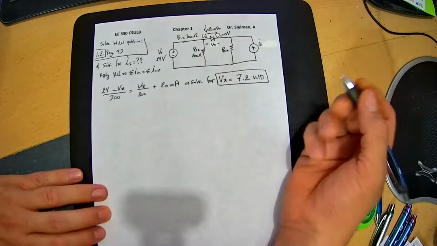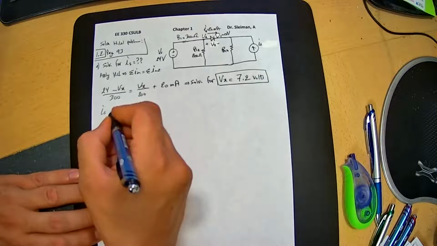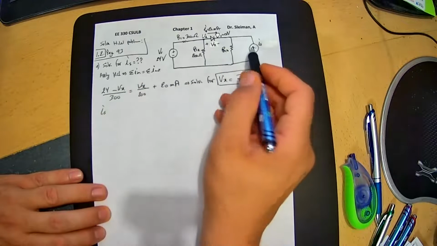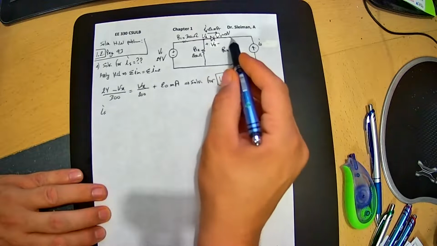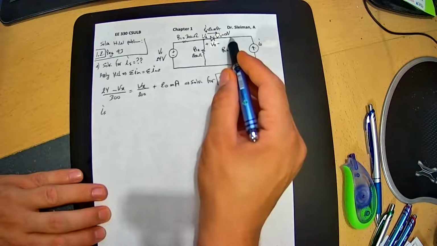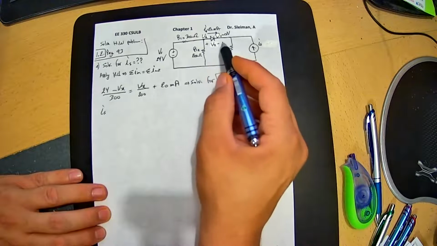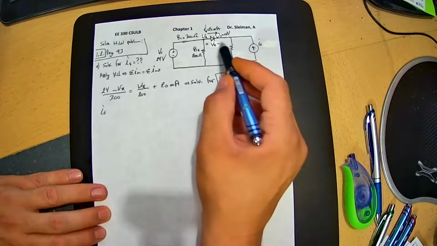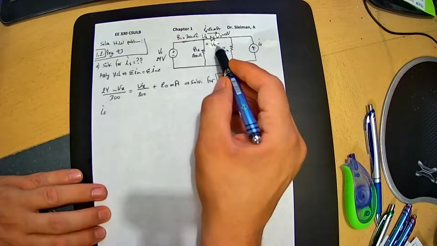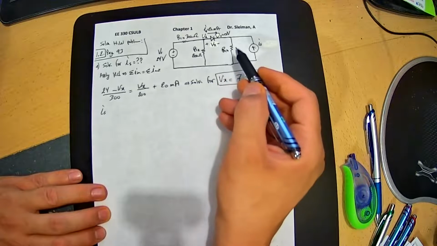Now we need to find I of S. We have 20 milliamp, we have IS here, and since we already have the voltage here, we can find I3.